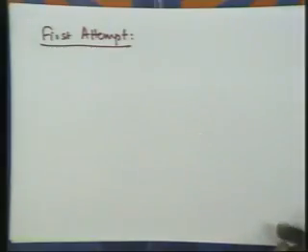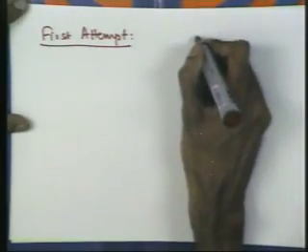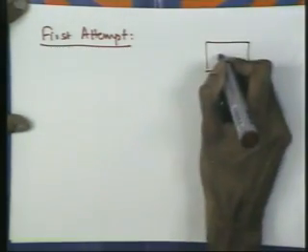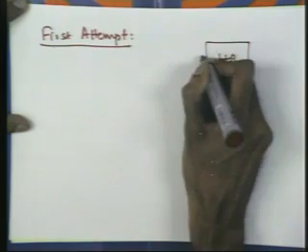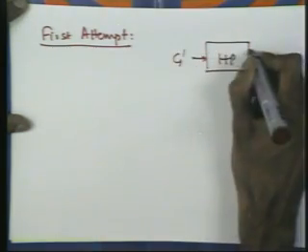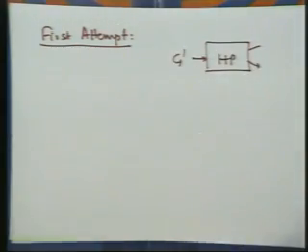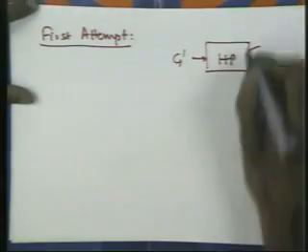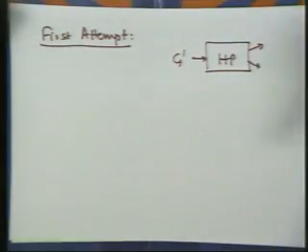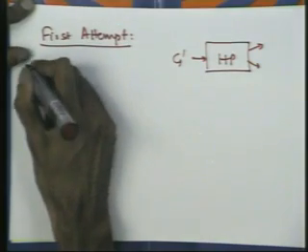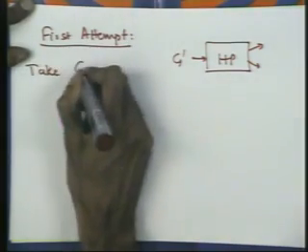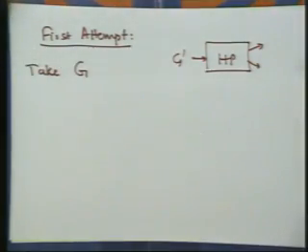So here is an attempt. Take the graph G. This is what I want to use, and I want to create one for HC. So what do I feed into HP? Take this input graph G. Now remove edges from G one by one.